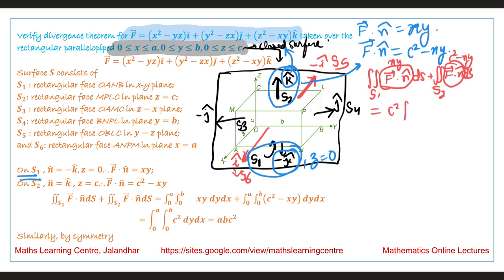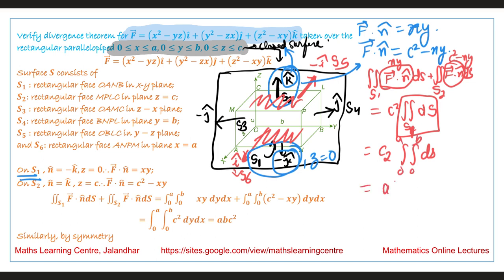So we are getting c square times the double integral of ds. The limits are the same because we are talking about the area over here. Both these are equal to S. So you will obtain c square double integration ds, and the area is 0 to b and 0 to a, that is a into b. So we are getting a b c square. This is the value of the sum of these two integrals.